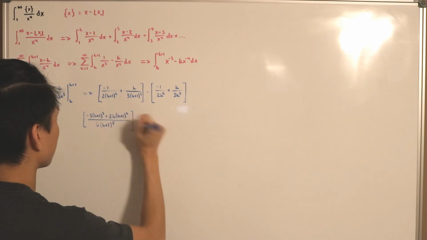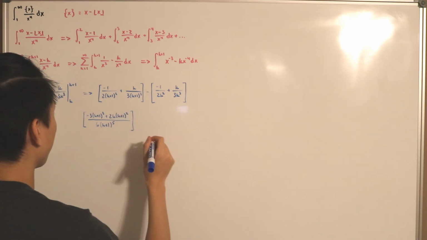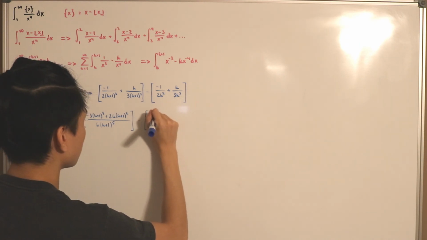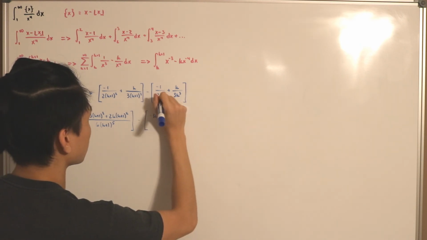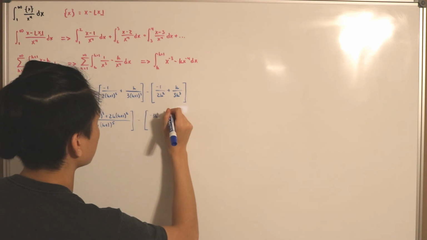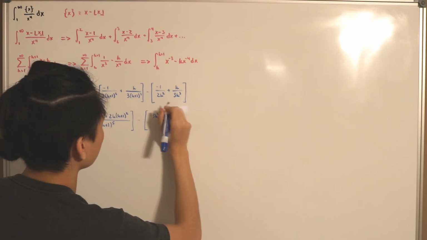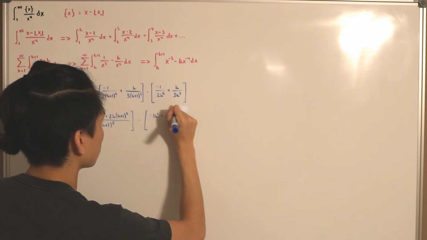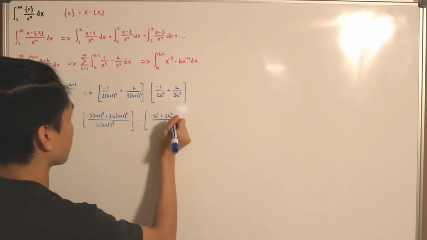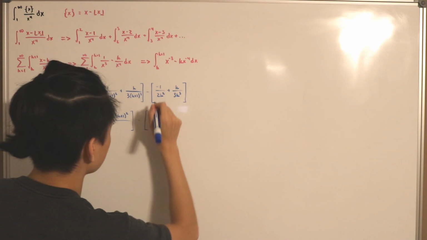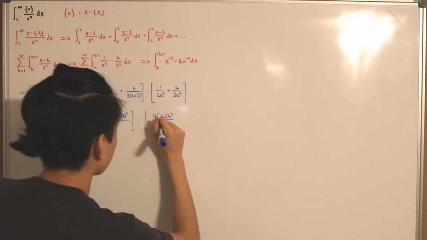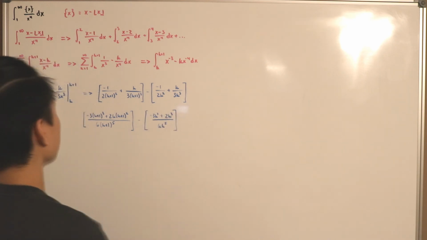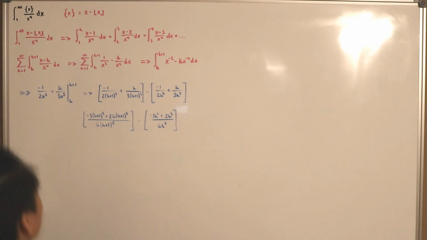Okay, and then over here, so this is negative 3k cubed, and then plus 2k cubed, divided by 2 times 3, which is 6k to the 5th. Okay, so far so good.